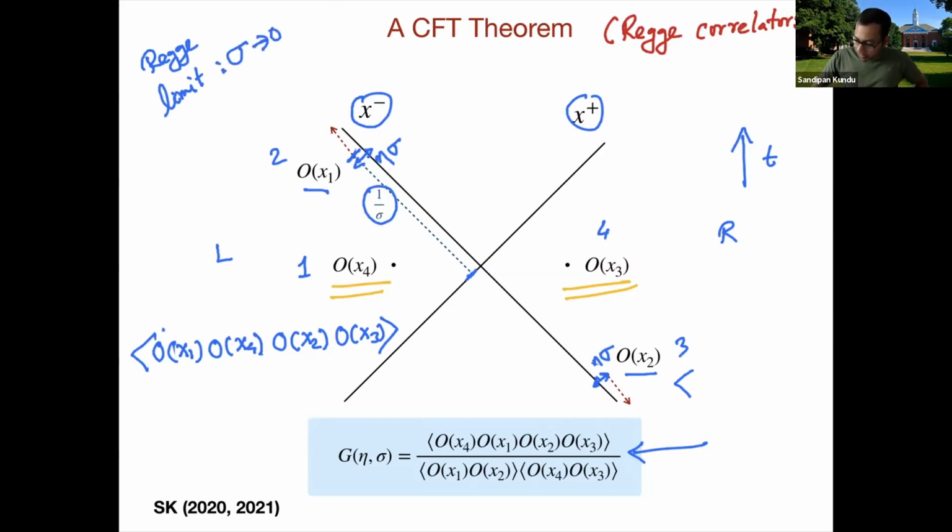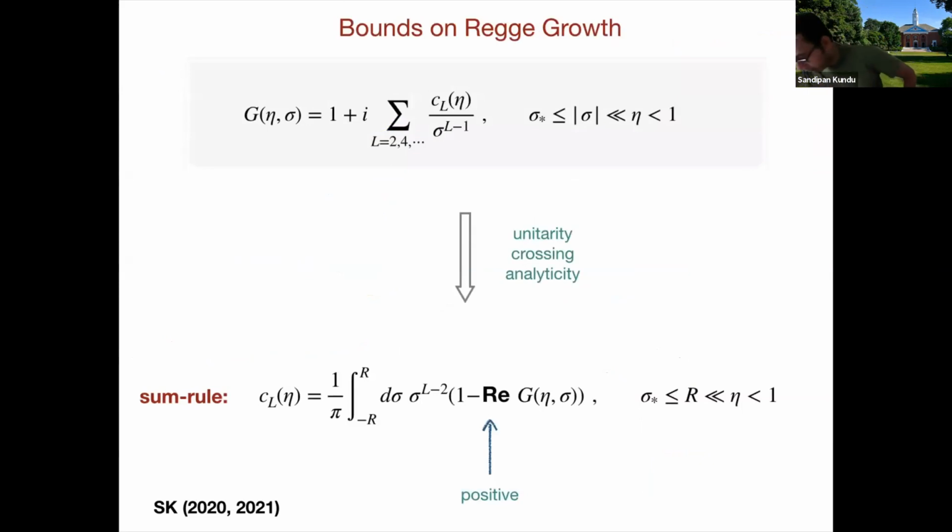And the theorem that one can write down is the following. I'm not going to write down a general theorem for any CFT Regge correlator. I'm going to write down a theorem for a Regge correlator which has this particular form. Whatever I'm going to say next is valid only when the Regge correlator has this very specific feature.